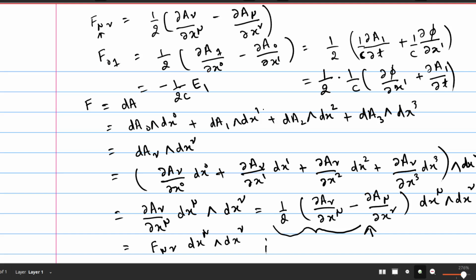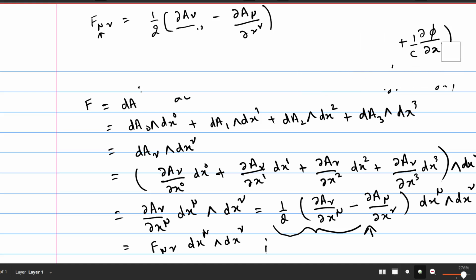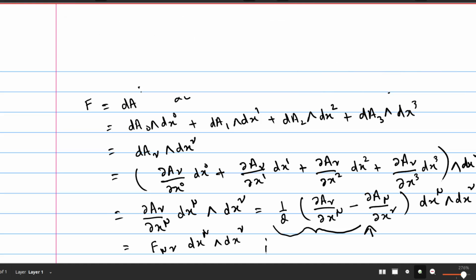Similarly, we have other expressions. If we calculate all of these components, we can write F mu nu as a 4 by 4 matrix. The 00 component is of course 0 because this is an antisymmetric tensor.